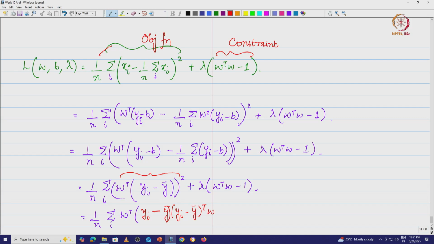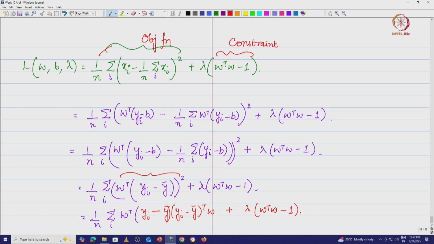We have y W transpose into y I minus y bar into y I minus y bar the whole transpose into W, plus lambda times W transpose W minus 1. So, this is what we have.